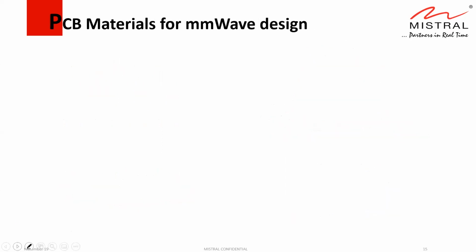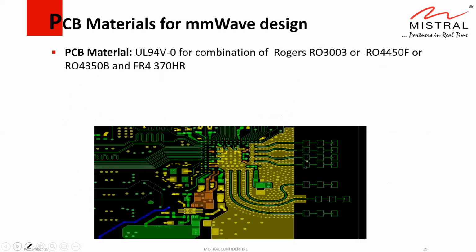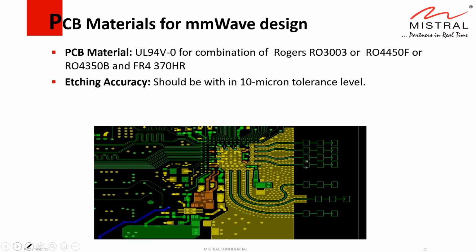Okay. The next one is, let us see how we decide the PCB materials. We suggest going with a hybrid PCB layer stack-up, a combination of Rogers as well as FR4 material, because Rogers gives good performance at RF level, a low loss PCB material, and FR4 gives good manufacturability.